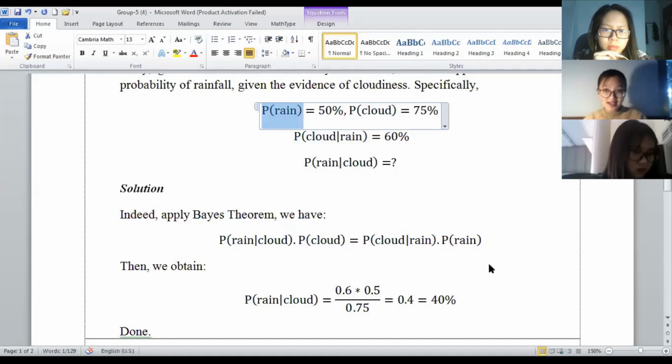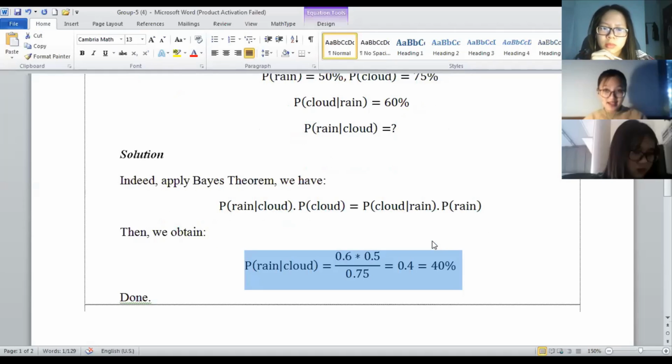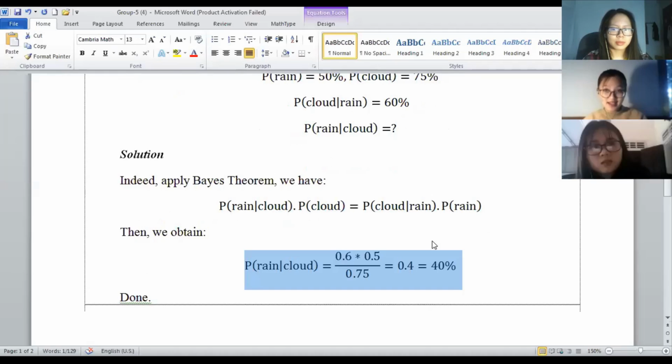In fact, Bayes' theorem is not only used to give us the weather forecast, but also in many other fields like medicine, marketing, and research. However, because of the limitation of time, you should explore it by yourself at home to find more and more amazing applications of conditional probability through Bayes' theorem.